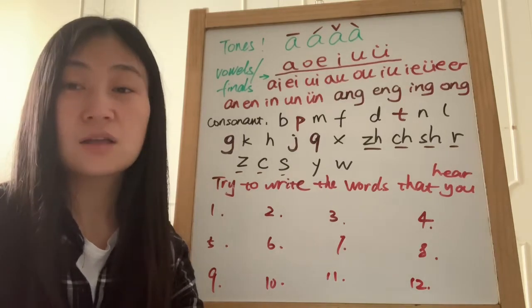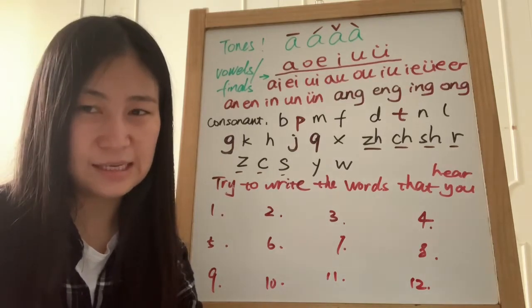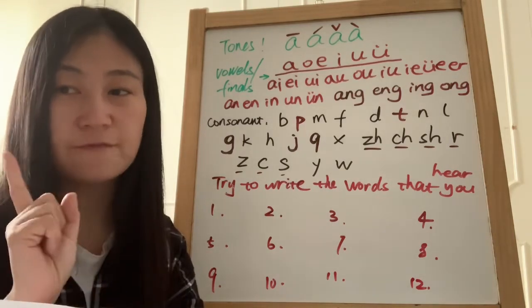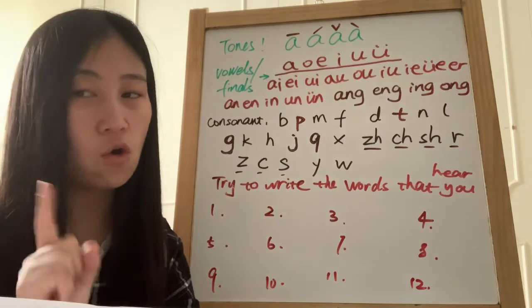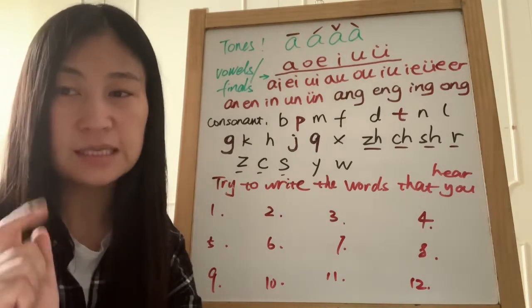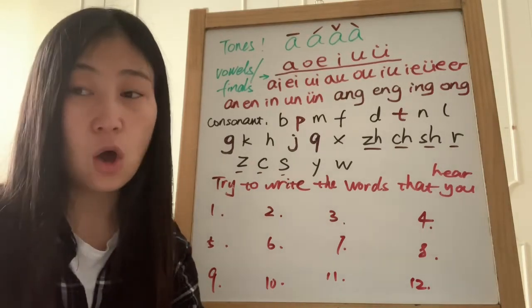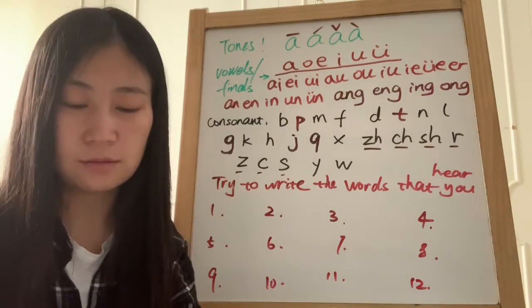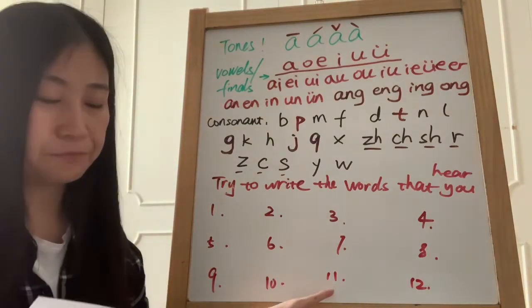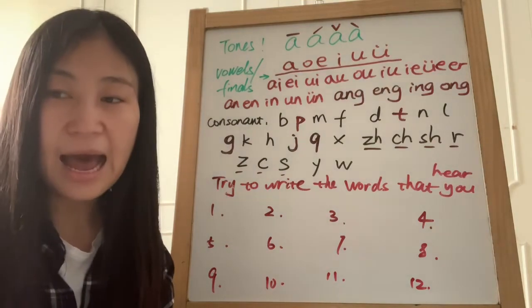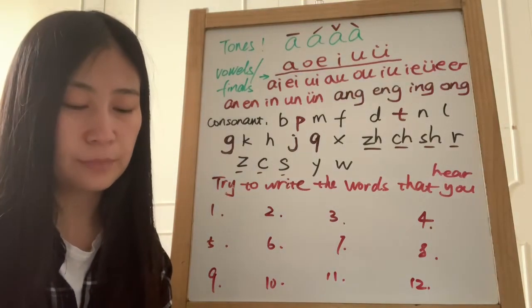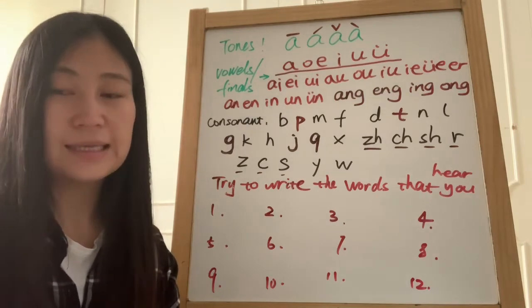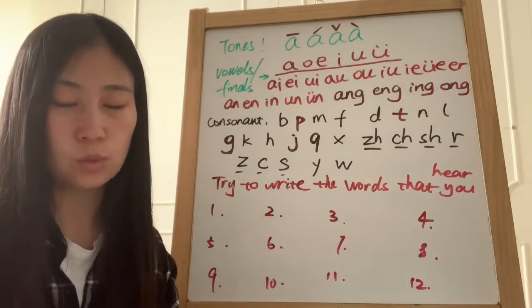Next, 豆子. Remember, 子 doesn't have a tone. All the words that finish with 子 are without the tone. 豆子. Number 11, 大豆.